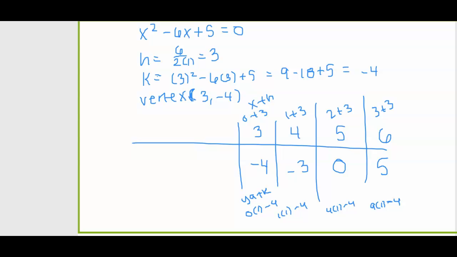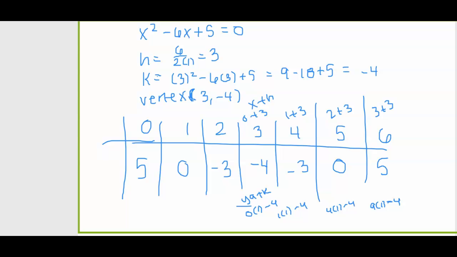And then the table is symmetric. What that means is whatever your y value is to the right of the vertex, my y value is to the left. So that then goes negative 3, after negative 3 is 0 and 5. And since my x's are increasing by 1 to the right, to the left they decrease by 1.